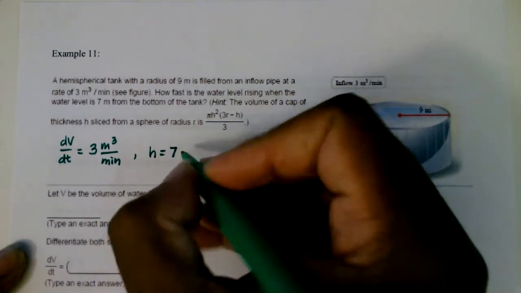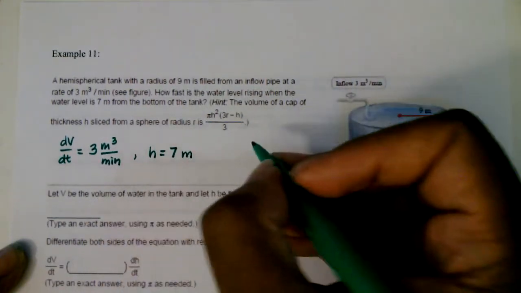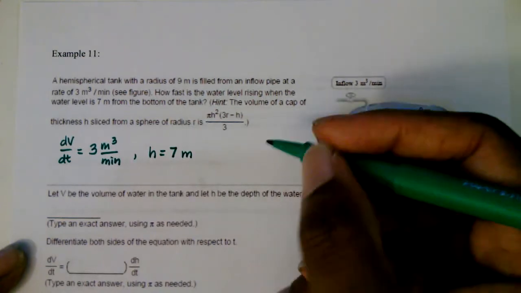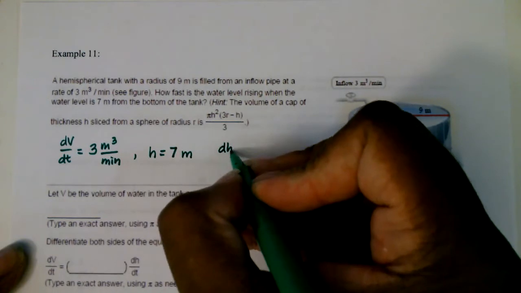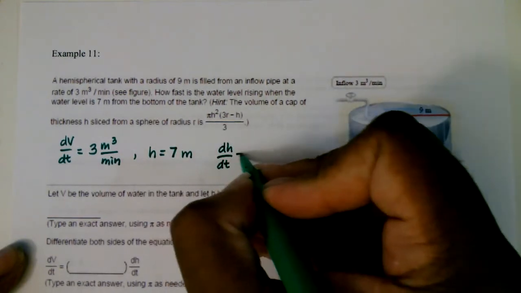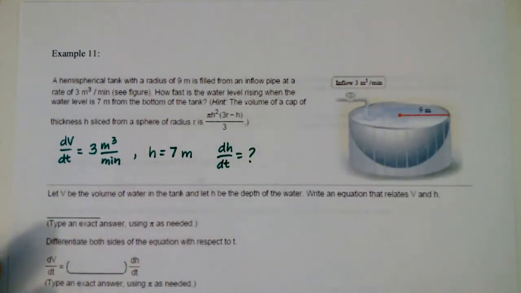So h is 7, that's in meters. And we're trying to find how fast is the water level rising. That's a change in the height, dH dt. Now we're told that we're going to let V be the volume of the water tank and let H be the depth of the water. Write the equation that relates volume and height, V and H.